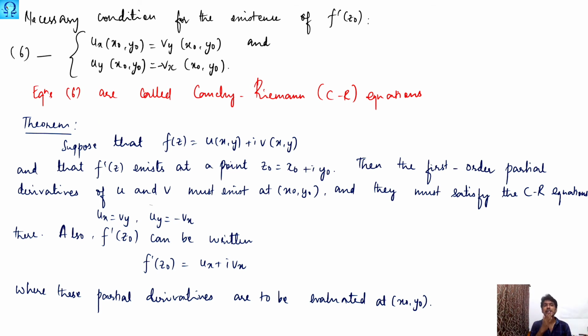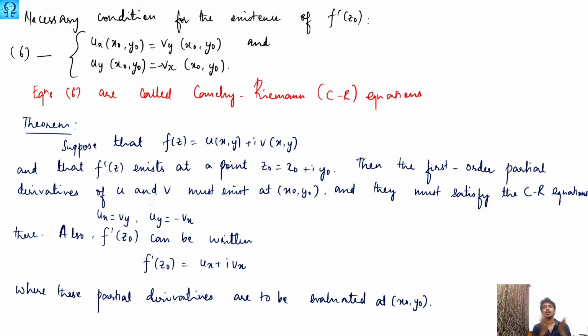Because this is necessary for the existence of the derivative. It means if your complex valued function is differentiable at some point, then the partial derivatives must exist and CR equations must be satisfied.